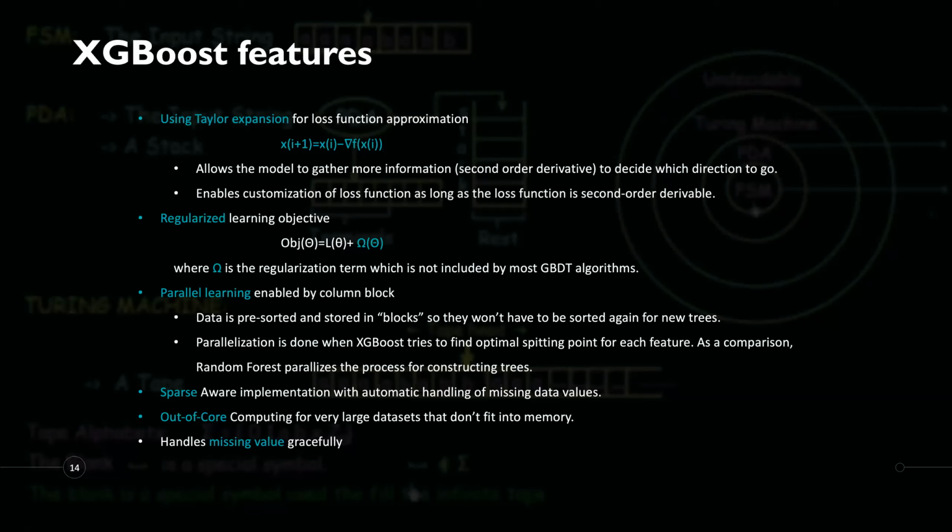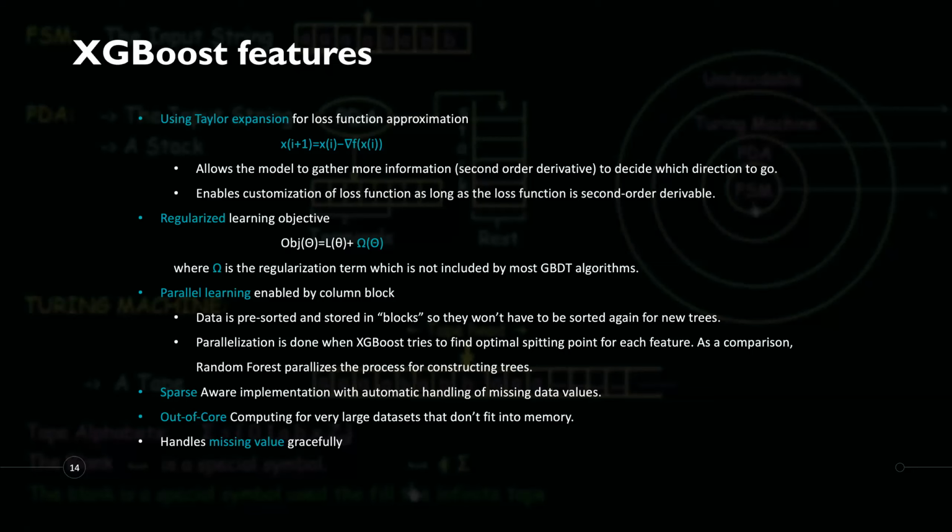But XGBoost introduced the tree complexity as a separate regularization term into the model, which helps stabilize the model and increase its robustness. So that's the second feature.